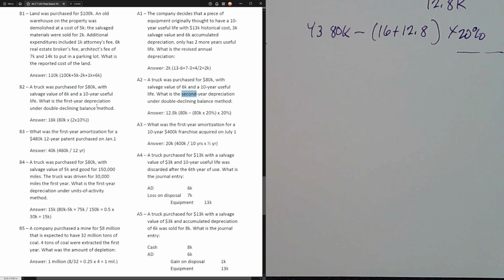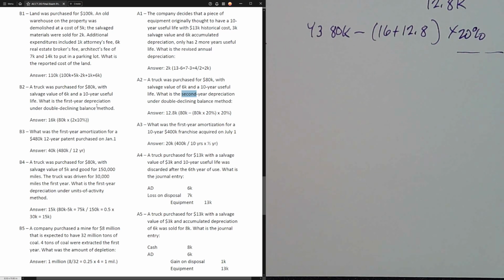Now, remember, most intangible assets are amortized on a straight line basis. So here, a very simple thing. The only thing that's throwing you off is if you don't know what amortization is, or you don't know what a patent is, you might get confused. But here it's just to take the full amount, $480,000 divided by the useful life. There is no salvage value particularly, and therefore it'd be $40,000 a year.